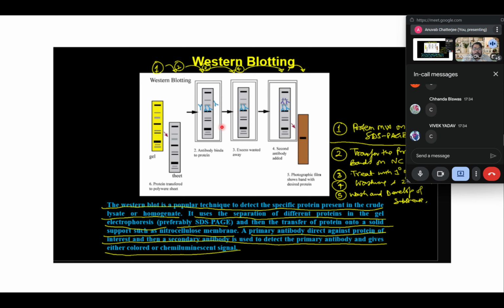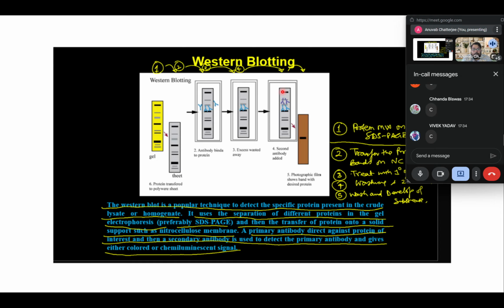And this secondary antibody can bind to a wide variety of primary antibodies depending on which host it was raised in. So if my primary antibody was raised in rabbit, my secondary antibody against rabbit will be able to detect it no matter what.